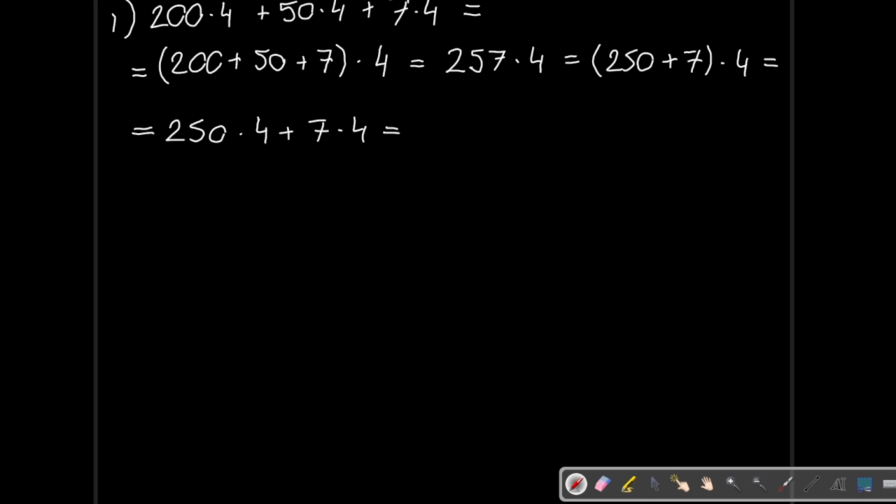And we know that 250 times 4 is 1000. And 7 times 4 is 28. So we have 1028 as the result here. But yeah, I just rewrote this number in that way. And then I used the distribution rule to calculate the result much easier and faster.